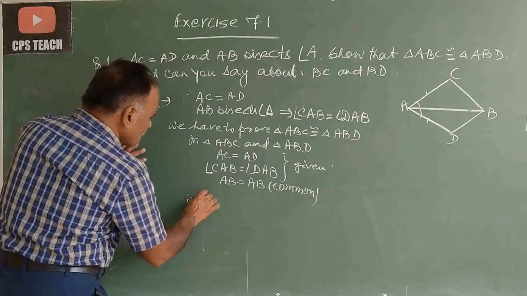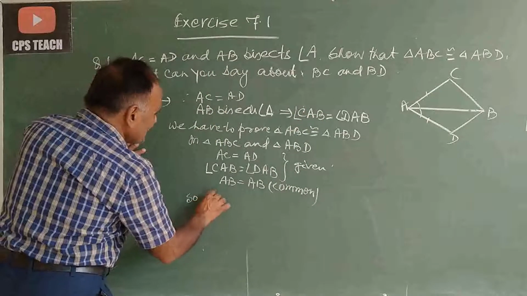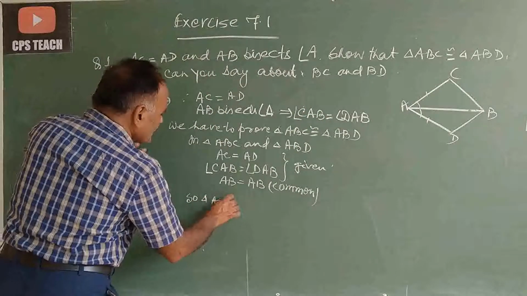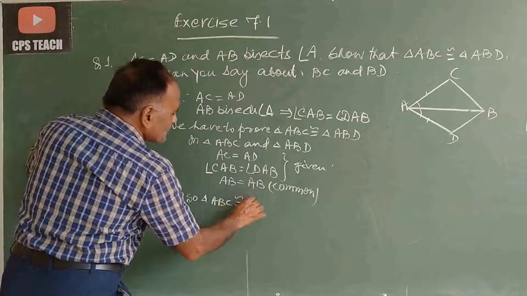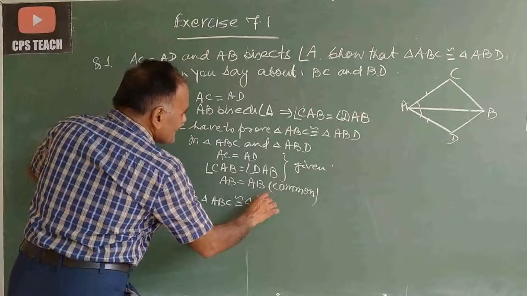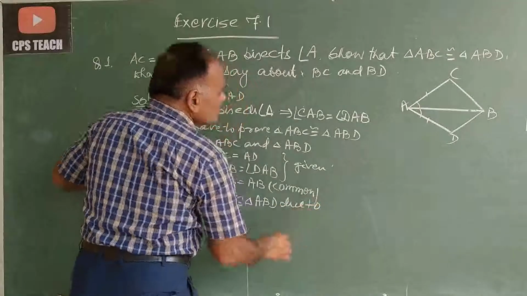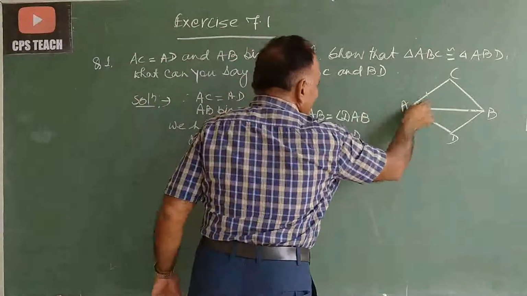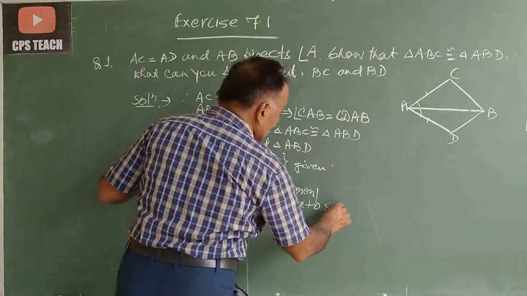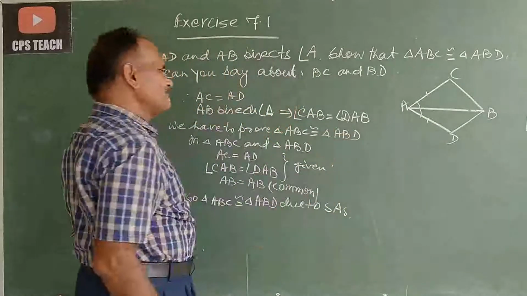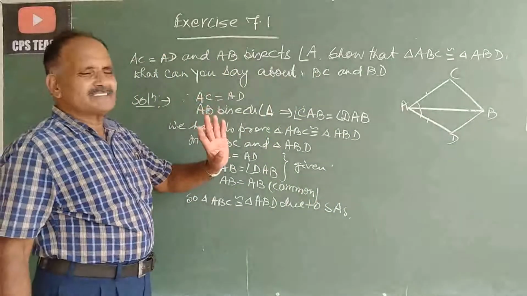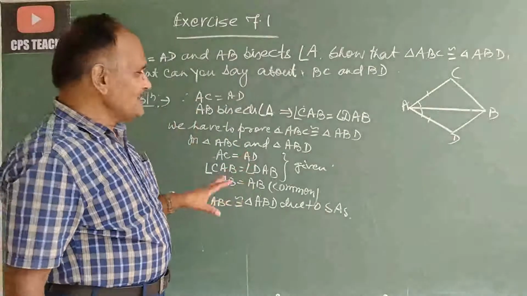So triangle ABC is congruent to triangle ABD due to side angle side, SAS. Then these two triangles are congruent.